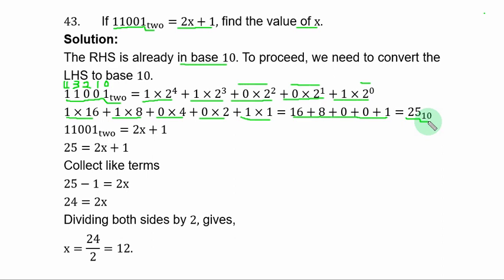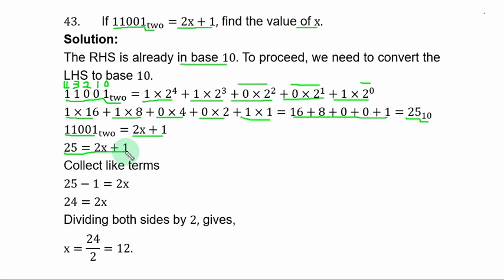We replace the left hand side with 25 and equate it to the right hand side. So we replace the left hand side with 25 equal to 2s plus 1.